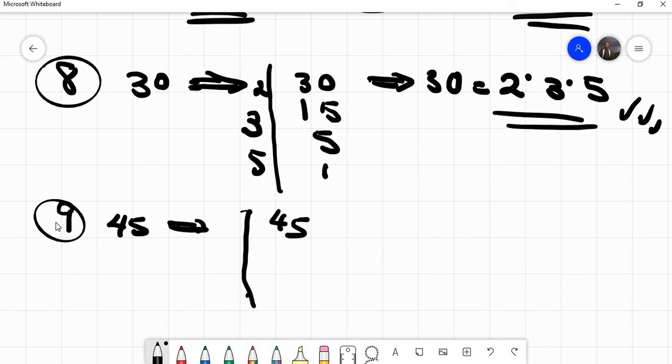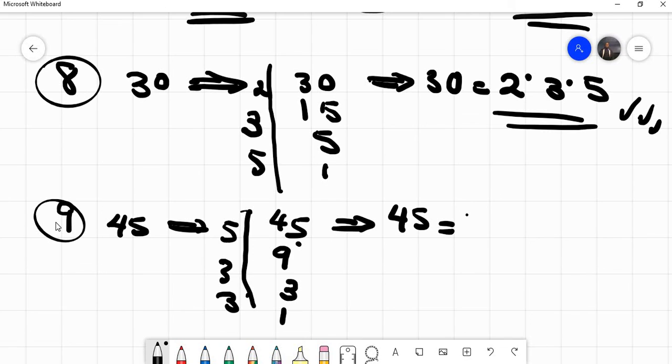Since the ending is 5, we can divide by 5. 5 times 9 is 45. And then 9 we can divide by 3, which gives 3, and then another 3 gives 1. So the prime factors of 45 are 3 times 3 times 5, which is equal to 3 squared times 5.